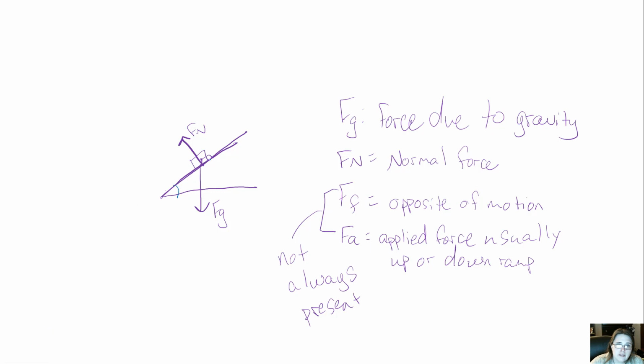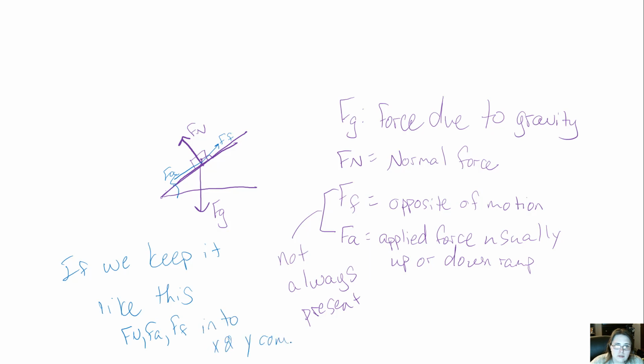If there's an angle, and we do have the force applied and the force due to friction, if we keep it like this, we have to break down Fn, Fa, force due to friction, into x and y components, because these are our axes.